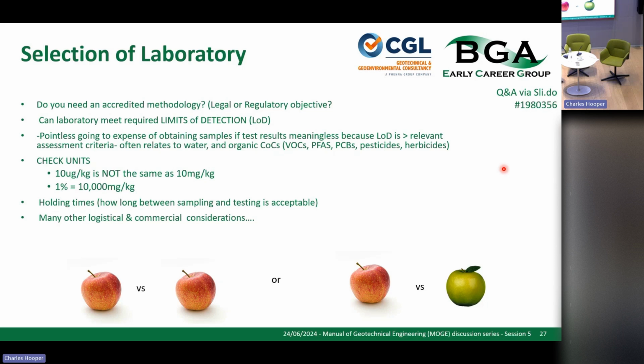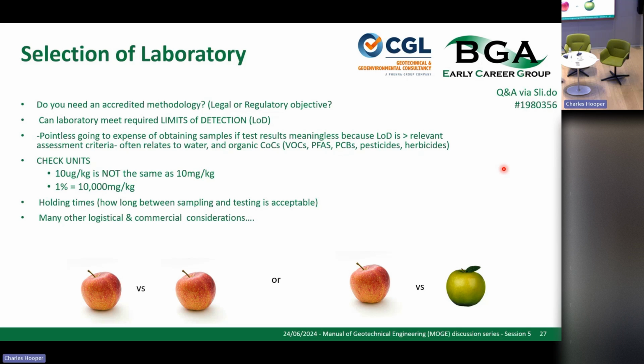So it's not a direct number, but there is absolutely no point in going to site and taking a whole load of samples. And this happens quite often with water. You find that every single sample is measuring a number that is meaningless in comparison to the limit of detection, because your limit of detection is higher than the assessment criteria that you're looking at.